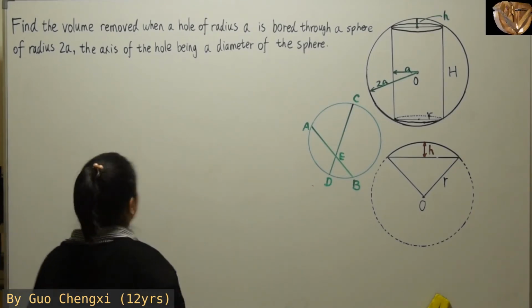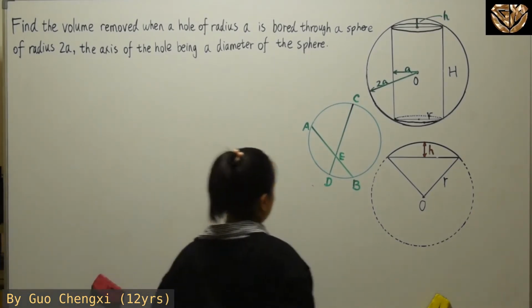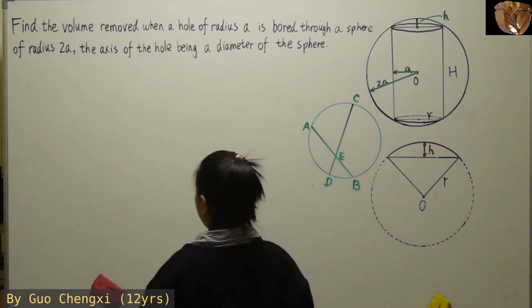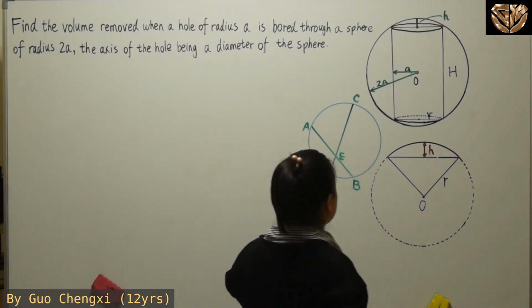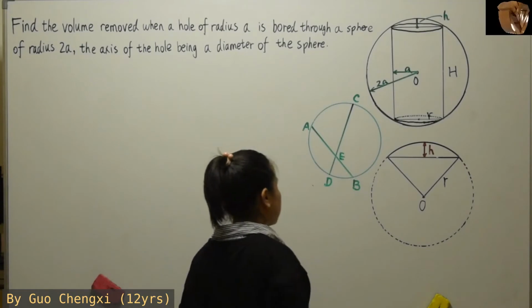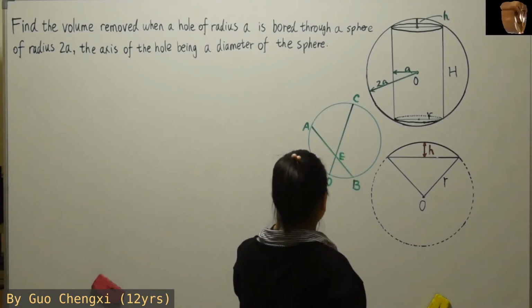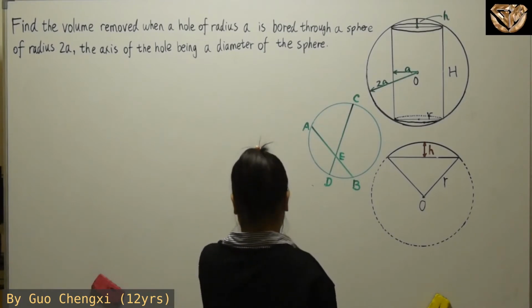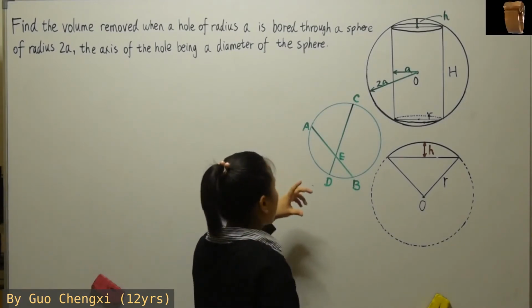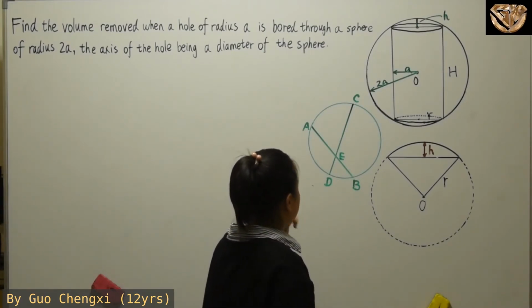So here we are going to revise what we have learned in the past, which in this case will be the intercepting chords theorem. We have this green circle over here and you see these two chords intercepting, right? The two chords are DEC and AEB.